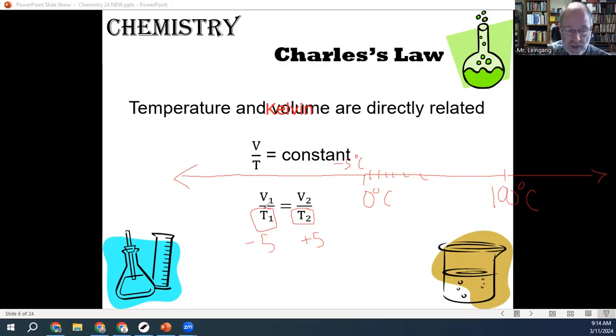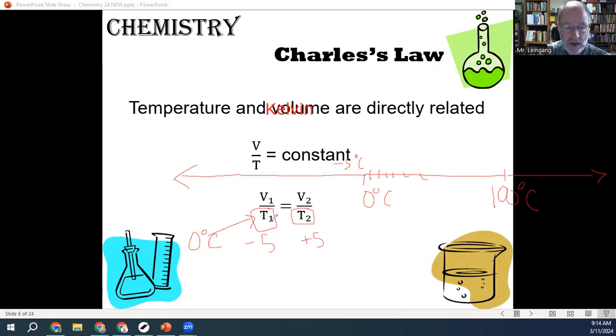Not only does it make the ratios better, but imagine if you were at freezing and your temperature was 0 degrees. Well, your math would be undefined. It'd be impossible to answer this problem because you cannot have 0 in the denominator of a fraction.